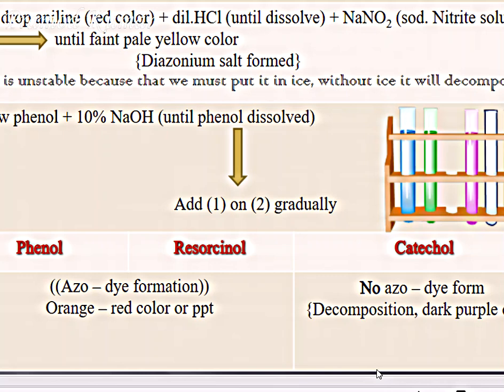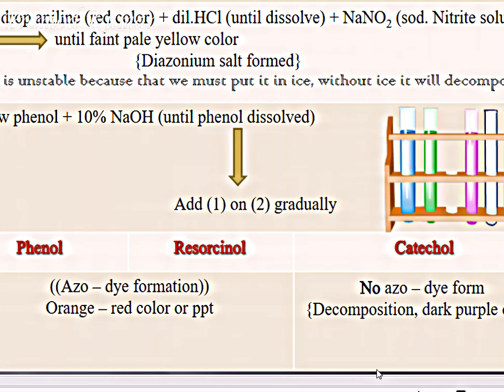It will not give any precipitate. You get a dark purple colored solution. This is how you differentiate between your phenol, resorcinol, and your catechol. This is the first, that is azo dye test.